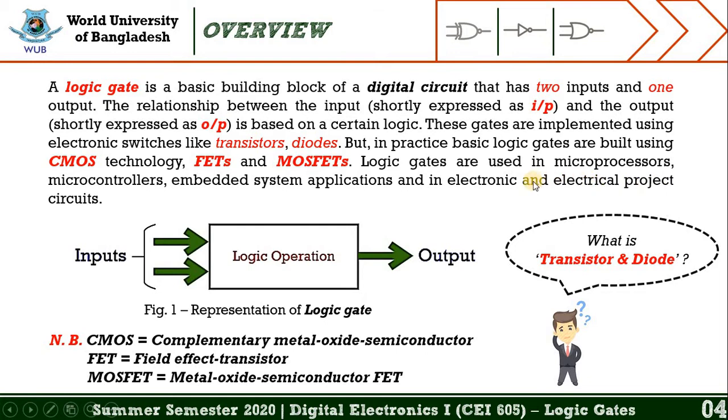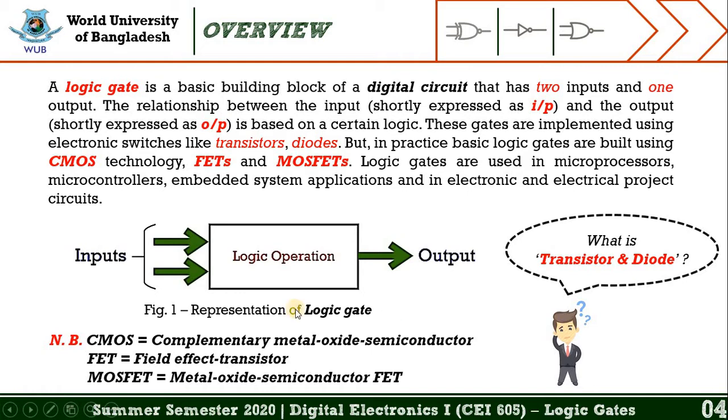But in practice, basic logic gates are built using CMOS technology, FETs, and MOSFETs. Logic gates are used in microprocessors, microcontrollers, embedded system applications, and in electronic and electrical project circuits.